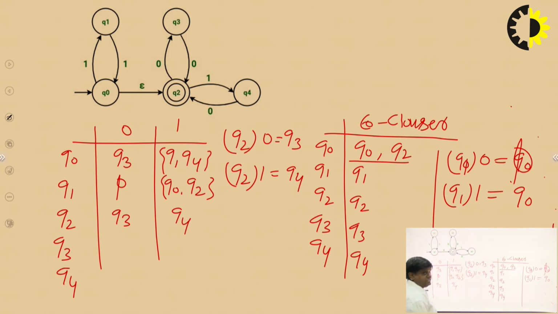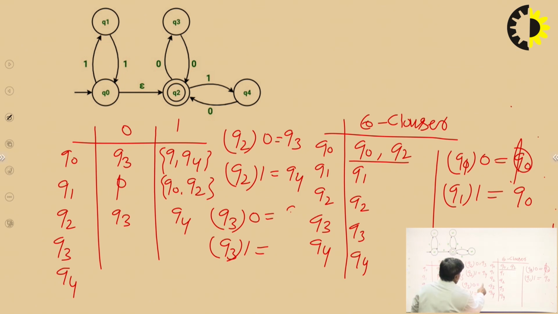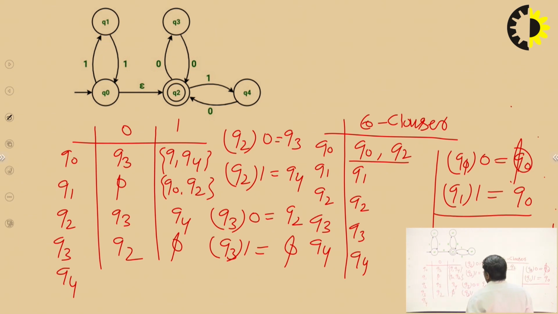Similarly we go for the next state, that is Q3, Q3 on 0 and Q3 on 1. Now Q3 on 0 is Q2. Q3 on 1, no transition is available, that is phi. Now here is phi and here is Q2. And the last one is Q4. Now Q4 on 0 transition and Q4 on 1 transition.